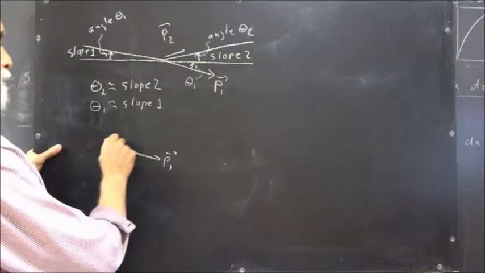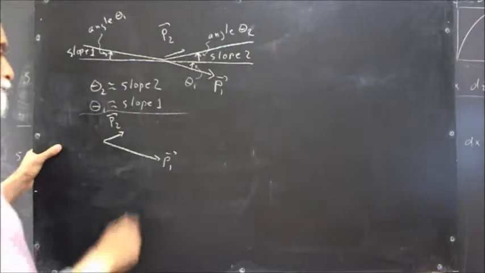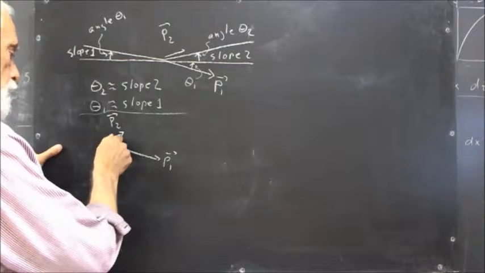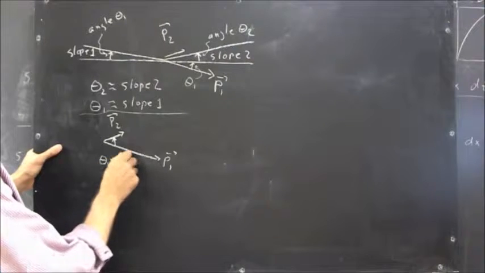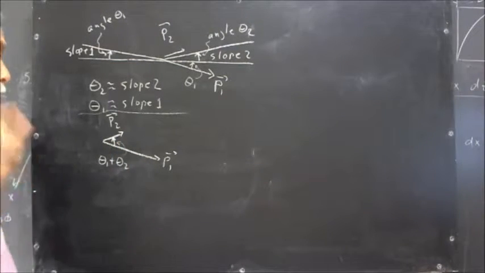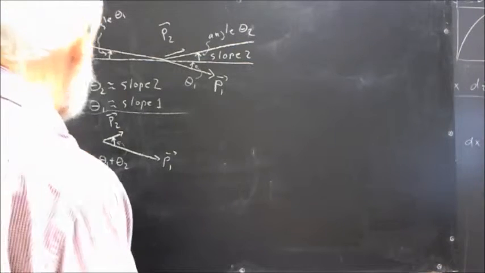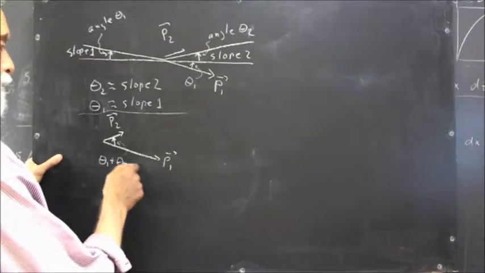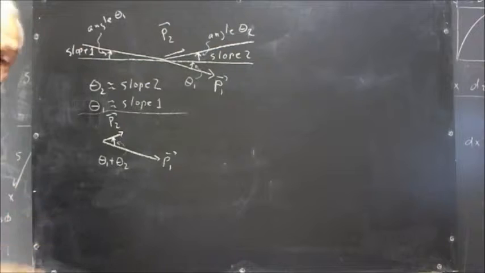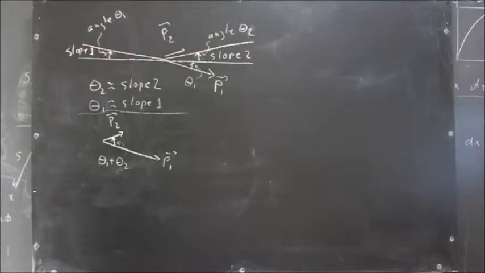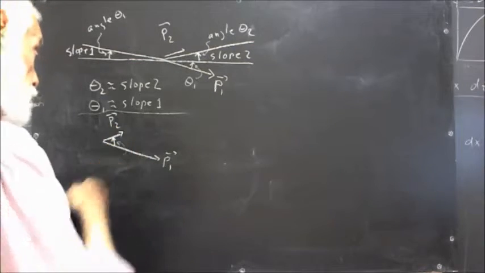P1 vector, the P2 vector. This angle is theta 1 plus theta 2. The projection of the P1 onto the P2, or like actually what we're trying to find is the perpendicular component of P1, the component of P1 perpendicular to P2.